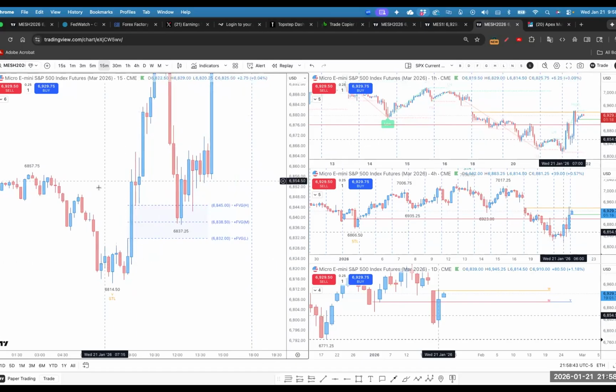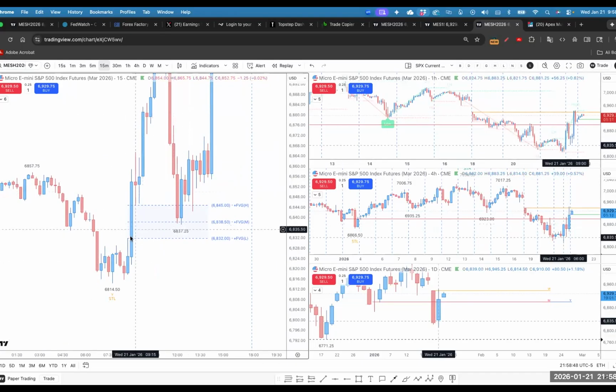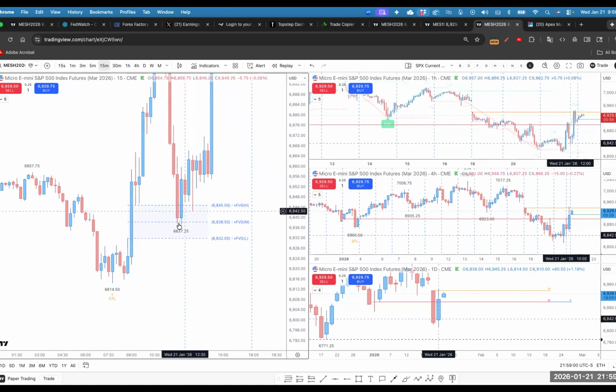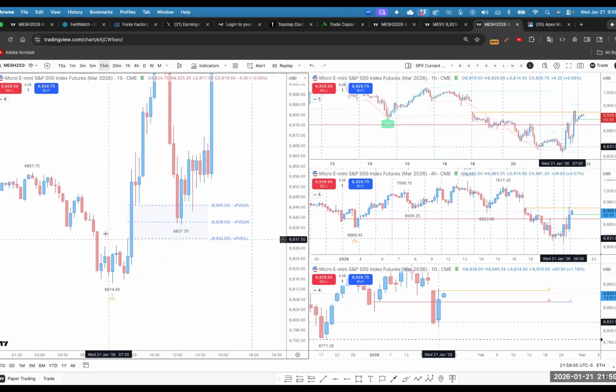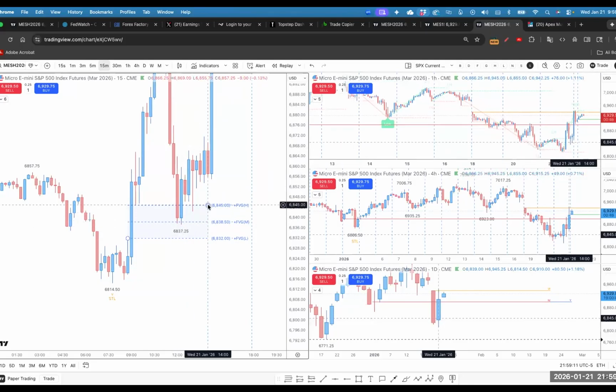So the fair value gap, once you spot it, there are 3 main levels you've got to look at: the high, the middle, and the low. And at the high, middle, and low, if everything is in line like I just went over, you're going to see that price responds to one of those levels, right?